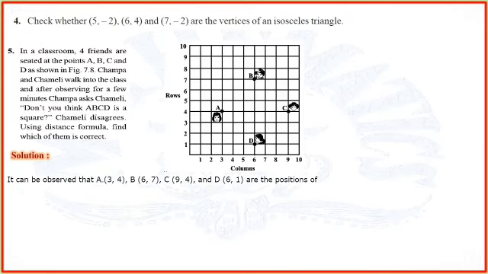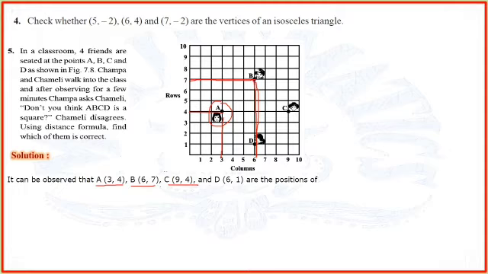It can be observed that A is (3, 4), because the value of x is 3 and the value of y is 4. B, the value of x is 6 and the value of y is 7.